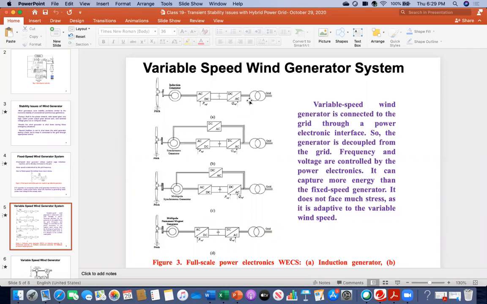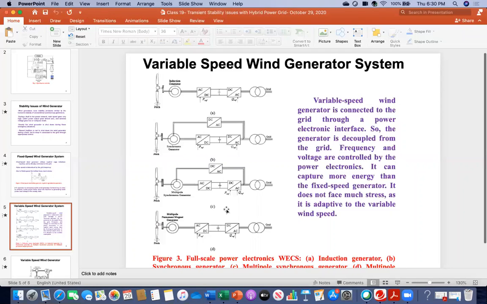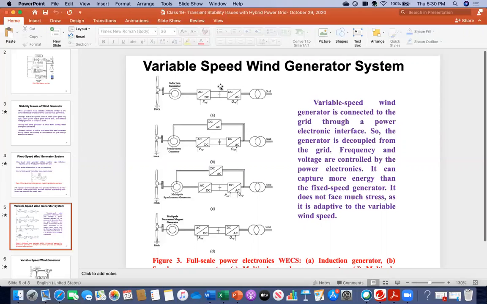Again, you need AC, so you convert back from DC into AC with the desired frequency. The controller for this inversion system provides the required frequency and required voltage needed at the grid. So this is done. As you can see, there are different topologies, all examples of variable speed. This one is induction machine based, but these others are all synchronous machine based.